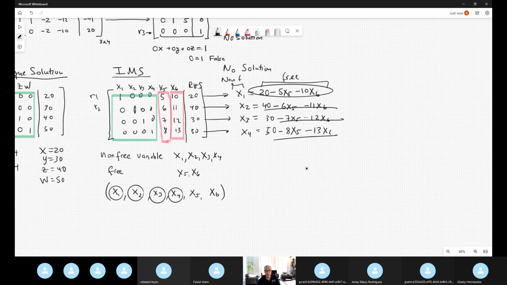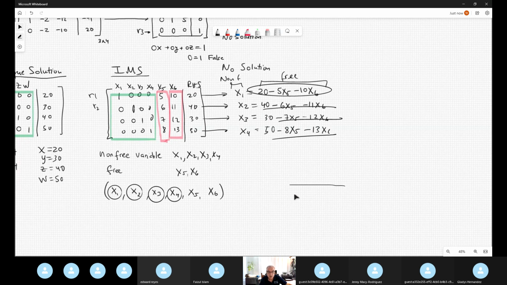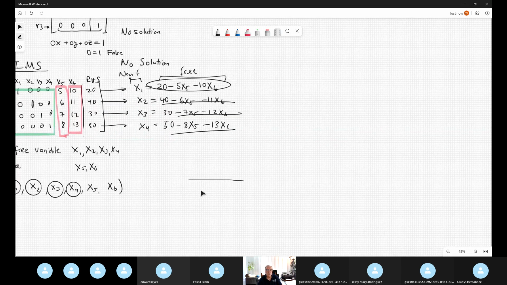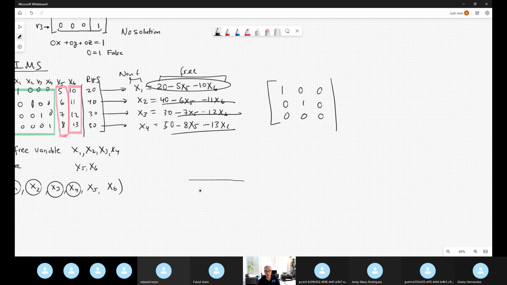Another solution type, let me try to explain one format for no solution. No solution is easy to see because, for example, you have 1, 0, 0, 0, 1, 0, 0, 0, 0, and you have 20, 30, and 40.